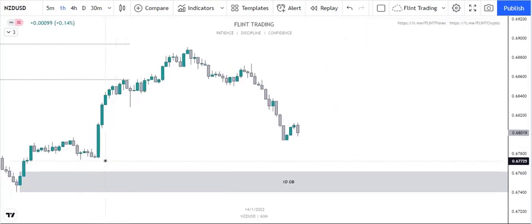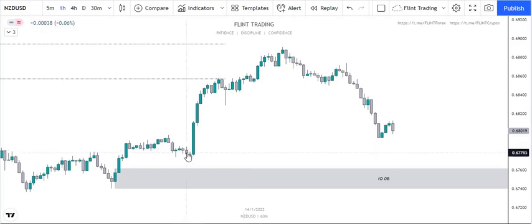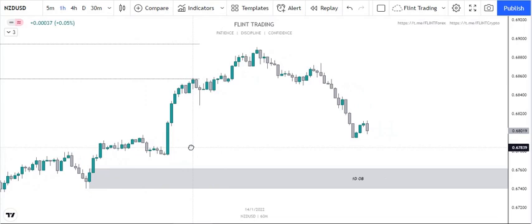As you can see, this was a low, and liquidity lies below this. The most important thing is that this range is so visible. Whenever price comes into this range, it's easy to understand that supply and demand traders will try to buy from this level here.